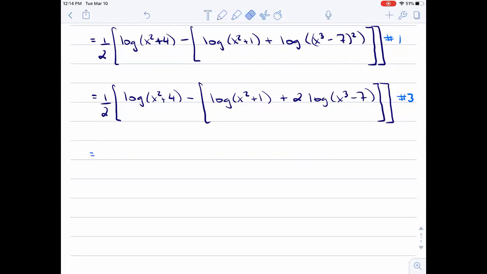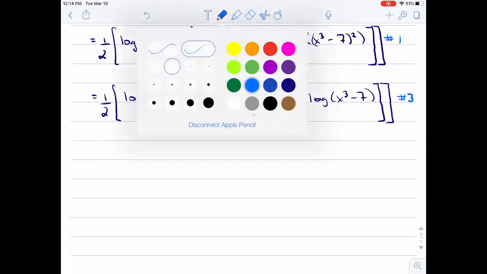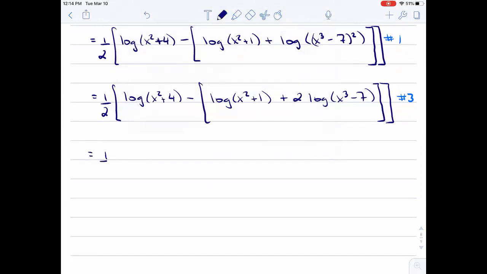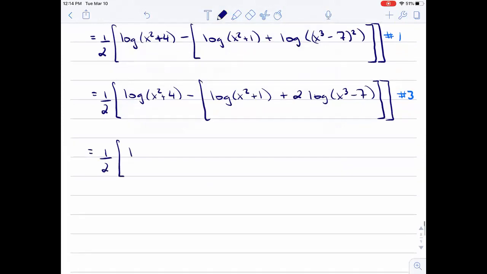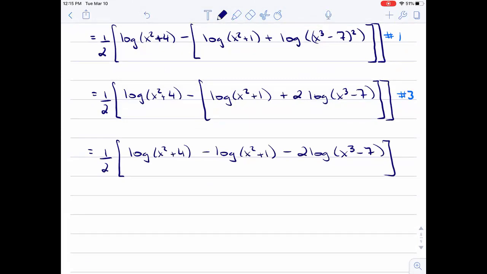And so I get 1/2 times the log of x squared plus 4 minus the log of x squared plus 1 minus 2 times the log of x to the 3 minus 7, and square brackets. And then we could bring in the 1/2, of course, but I'm going to leave it out. Cool.